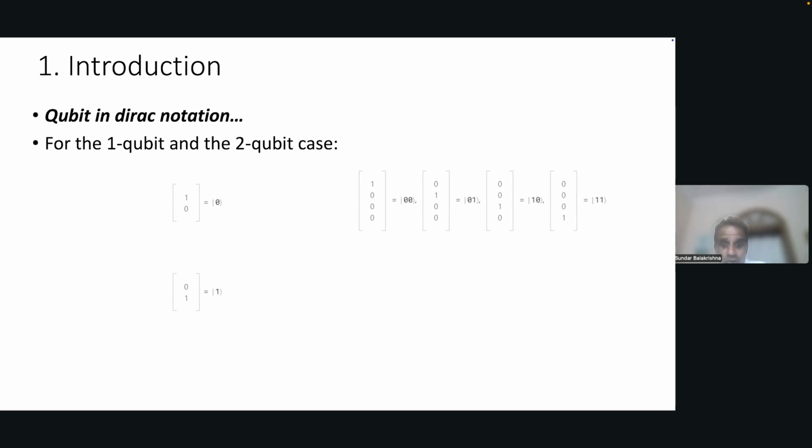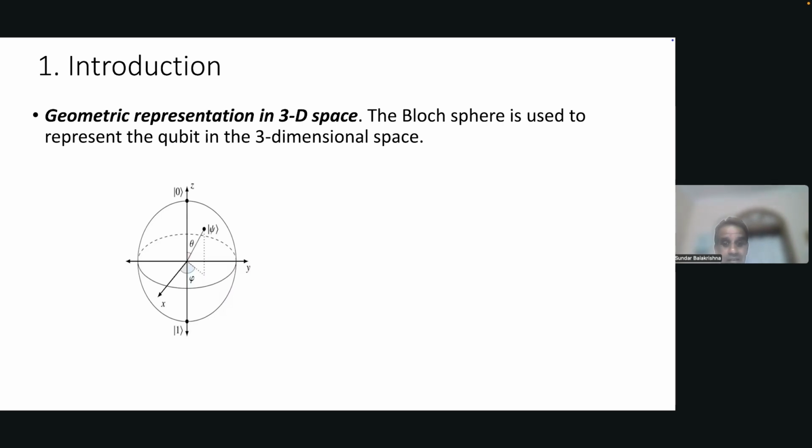As I said, 0 for a 1 qubit computer is a 2 by 1 matrix, whereas representing 0 for a 2 qubit computer becomes more complex: it becomes a 4 by 1 matrix. On the right hand side, you can see how I have represented 0 0, that is 0, 0 1, which is 1, 1 0, which is 2, and 1 1, which is 3. Each of them is a complex number with the imaginary parts as 0.